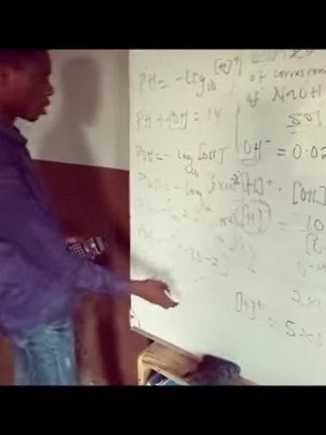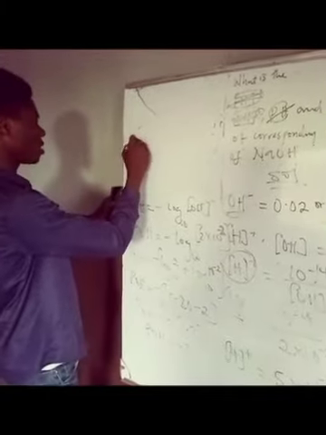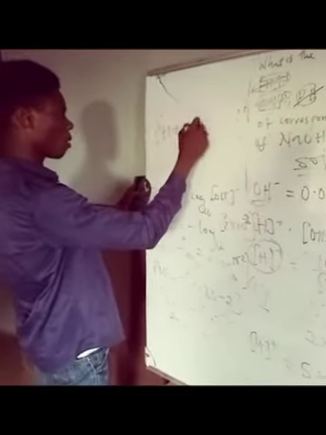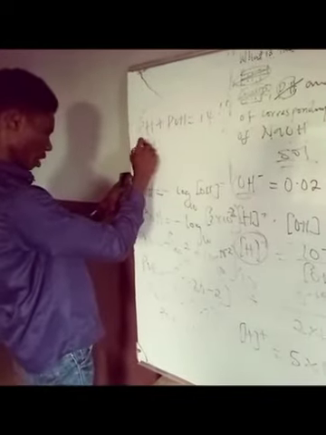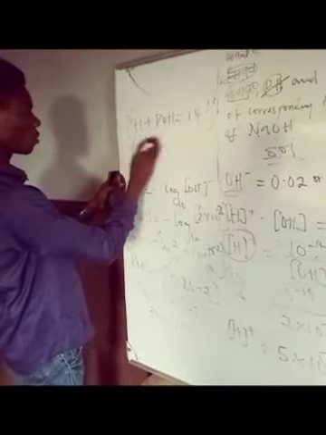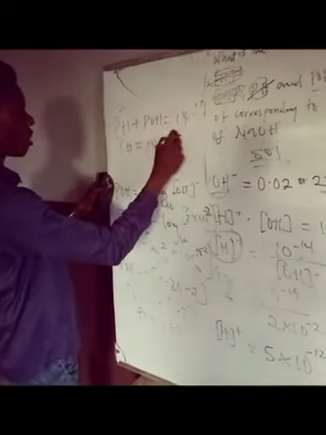So from here now we can just put this into the formula. Now that we have gotten our pOH, don't forget that pH plus pOH equals 14. So we are finding pH, which equals 14 minus pOH.